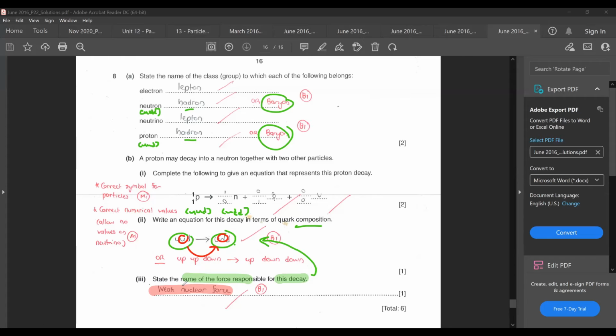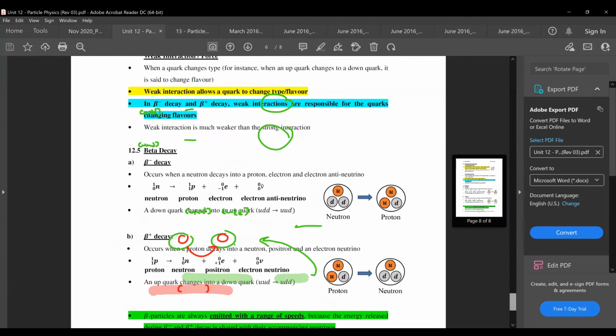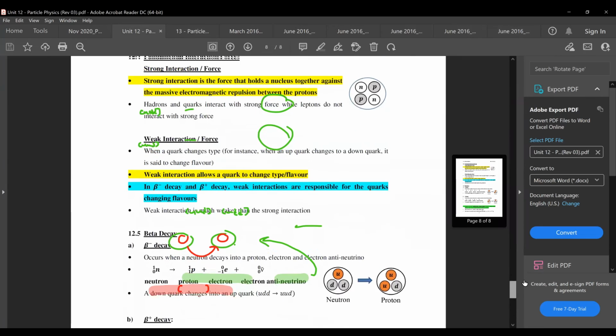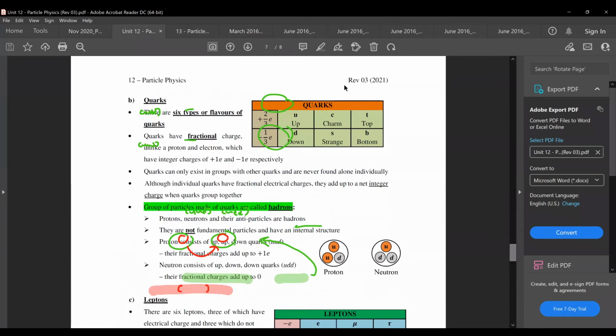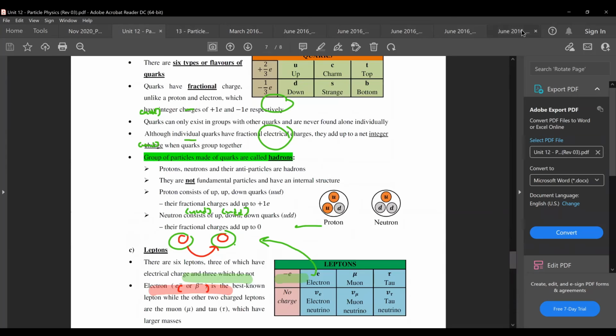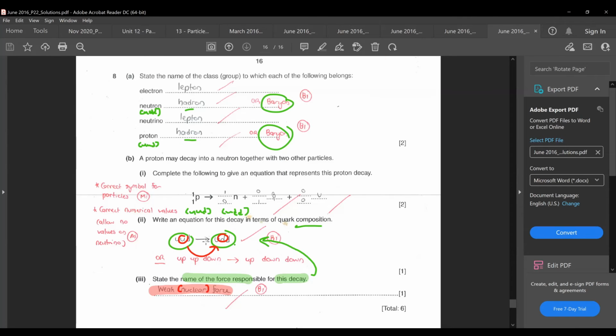You don't really need to write the word nuclear if you don't want to. It's weak interaction or weak force. In the notes, I don't think I wrote nuclear there. Did I? No, I did not write that. It's your weak interaction or weak force. But here they say weak nuclear force. It's the same thing. So this one is all right.